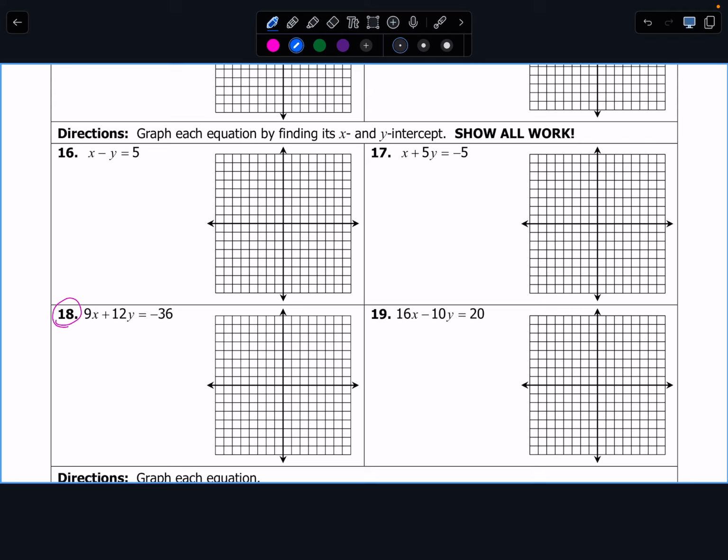So I want to graph by finding the x and y intercept. To find the x-intercept, we set y equal to 0 and solve. Okay, so when I set y equal to 0, I get 9x is equal to negative 36.